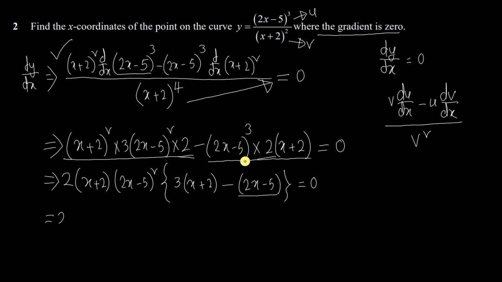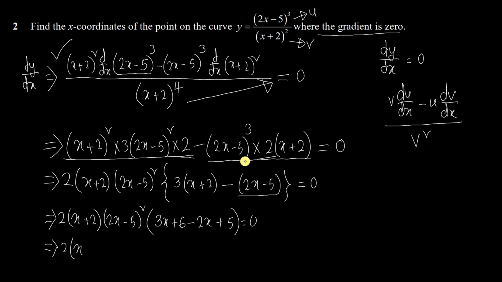Now simplify it: 2 into (x plus 2), the second part (2x minus 5) squared, and the third part 3x plus 6 minus 2x plus 5 equals 0. So one more line: 2 into (x plus 2), then (2x minus 5) squared, then the last part x plus 11 equals 0.